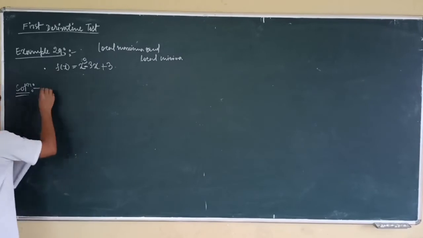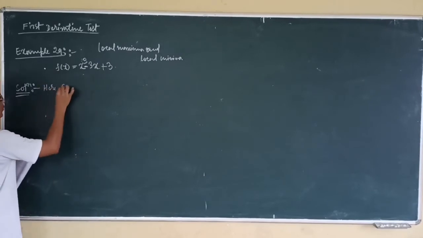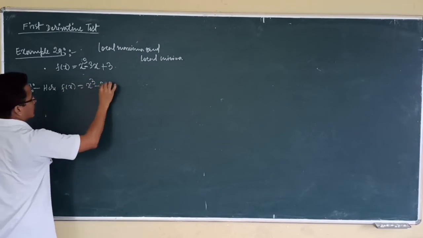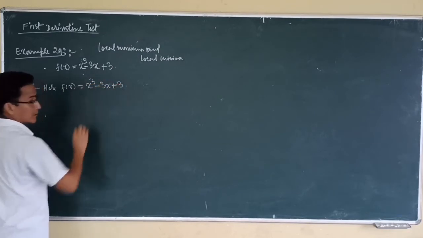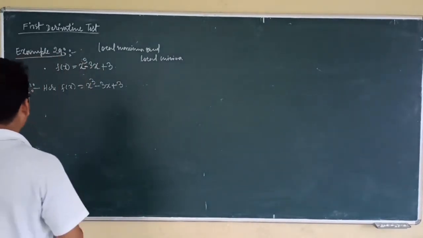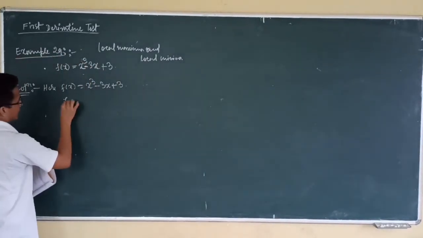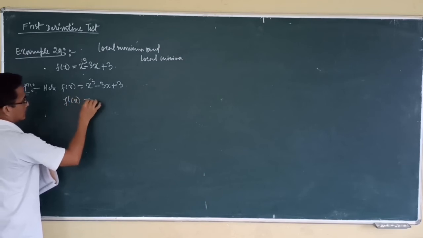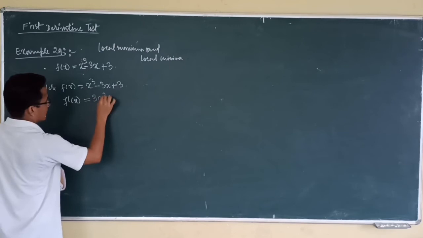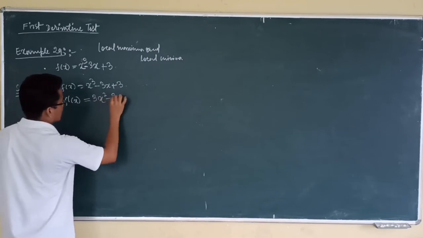Our function f of x is x cube minus 3x plus 3. Now we find f dash x. f dash x is 3x square minus 3.